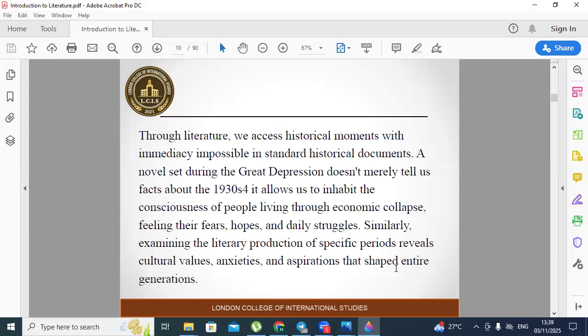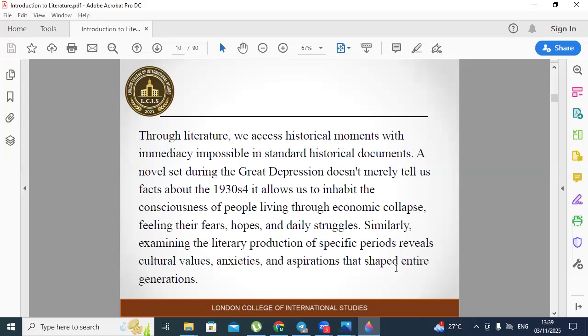Similarly, examining the literary production of specific periods reveals cultural values, anxieties, and inspirations that shaped entire generations. What were people writing about during World War I? What themes recurred in literature during the civil rights movement?